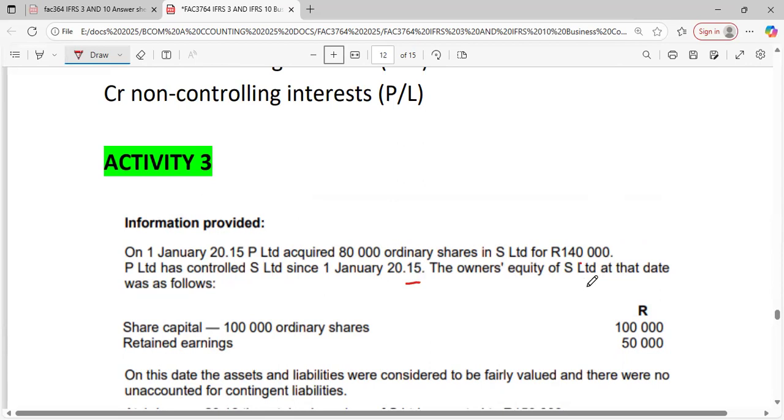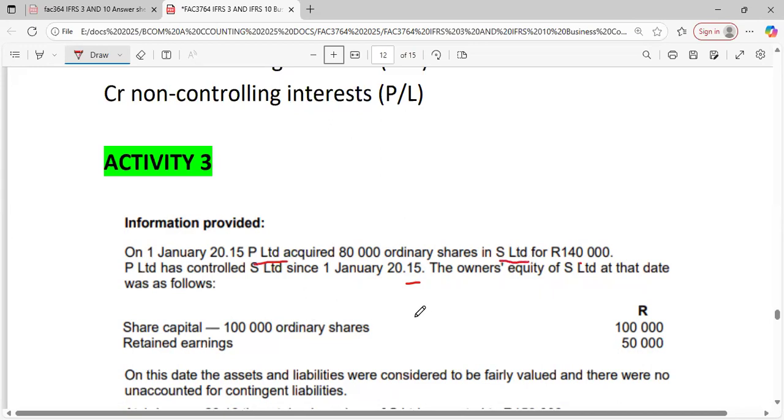The owner's equity of S Limited at the acquisition date is as follows. Right, so you can see here, P Limited is the acquirer, which is the parent, and S Limited is the subsidiary.